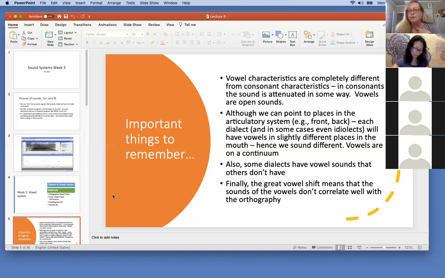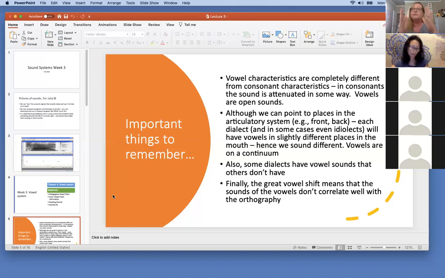So vowels are always open sounds, and that's essentially the huge difference between them, which is why you get semi-vowels, like sometimes l and r are called semi-vowels because they have some open characteristics as compared to something like t and d. But as far as we're concerned at this point, we've got open sounds that are vowels and attenuated sounds, which are consonants.